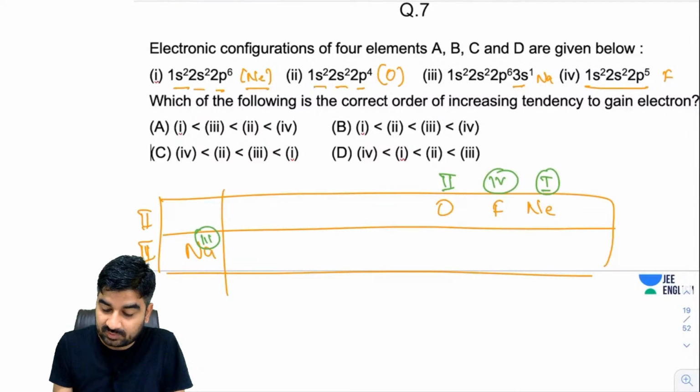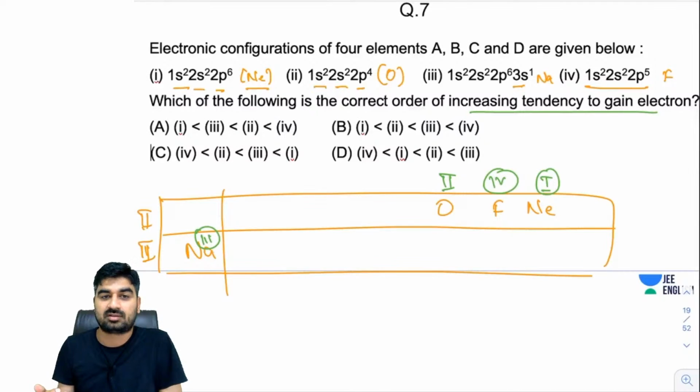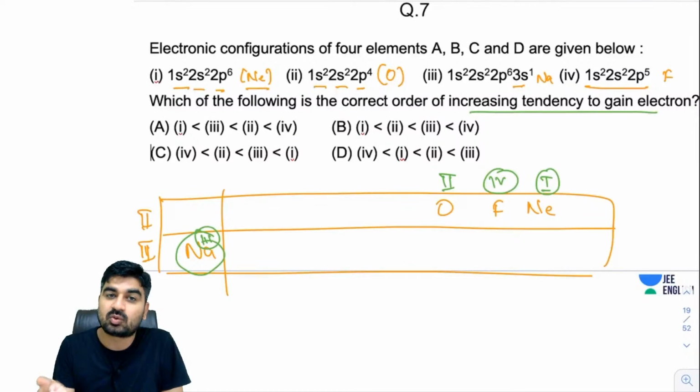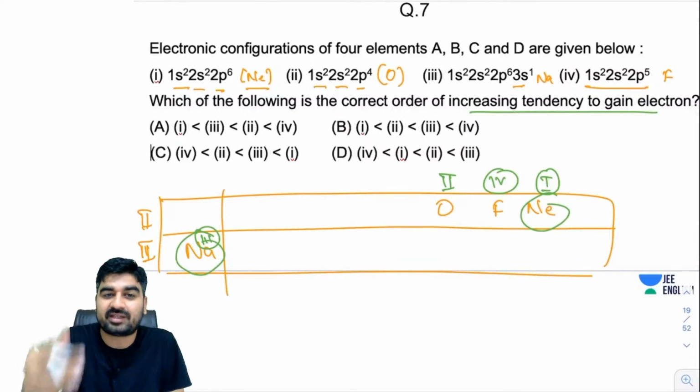Now, which of the following is the correct order of increasing tendency to gain electron? Basically, you people know sodium has a tendency to lose. And neon doesn't want to gain at all.